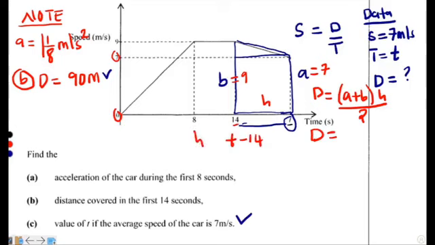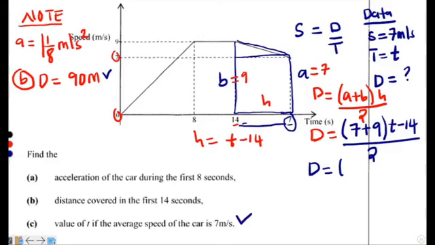This is the height. So let's just substitute in our formula. Where there is a, we put 7 plus, where there is b, we put 9, then where there is height, we put t minus 14, over 2. From there, 7 plus 9 will give us 16.